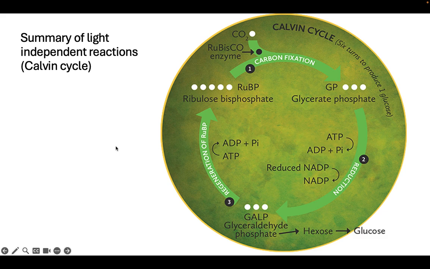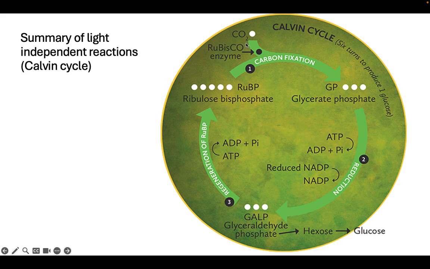Again, these reactions in reality are extremely complicated, and this is just a quick summary of what happens. These light-independent reactions are also known as the Calvin cycle, named after a scientist who described and discovered these cascades of reactions first.